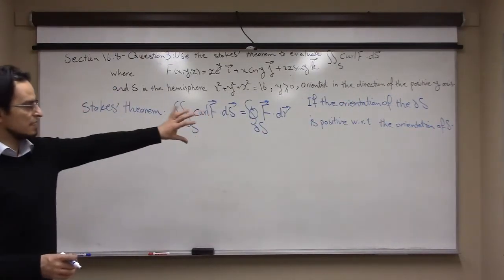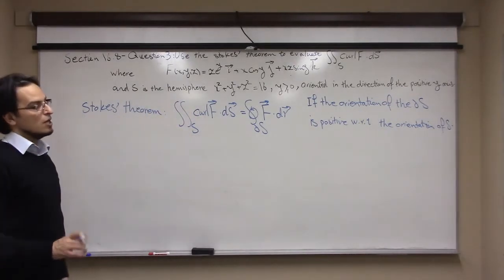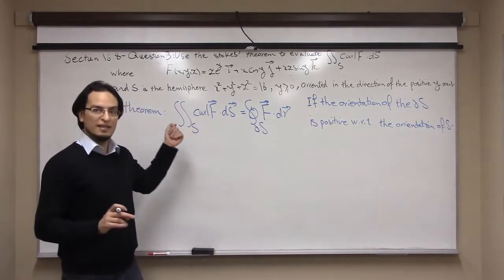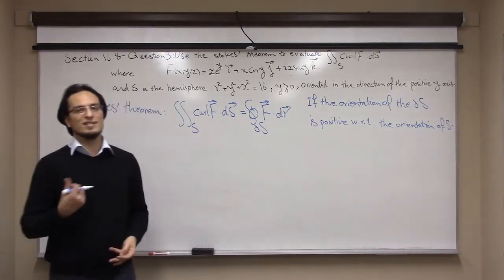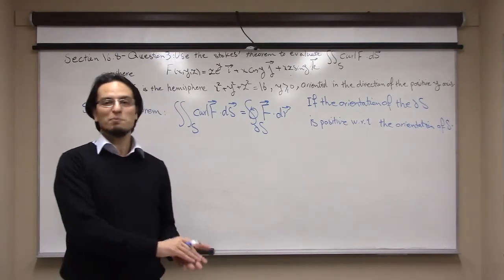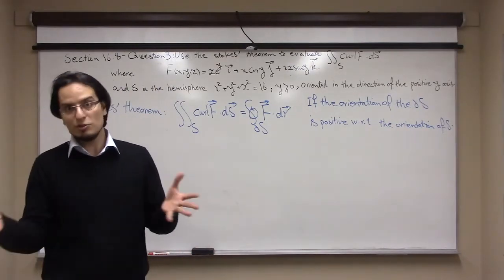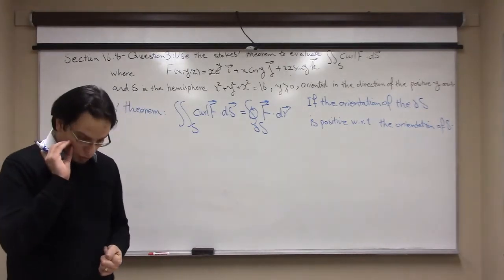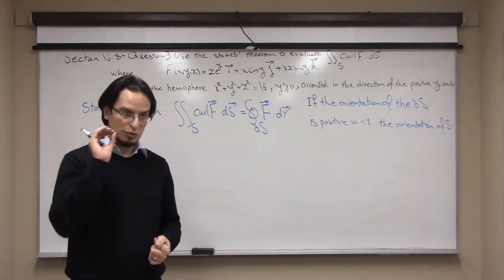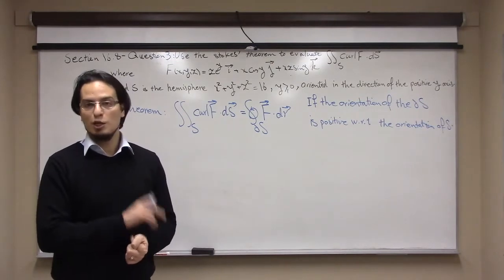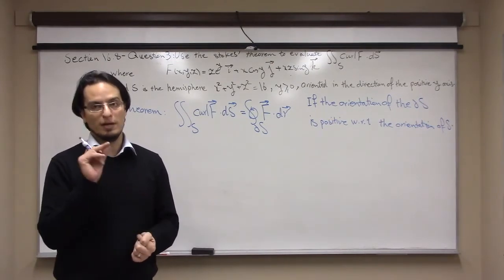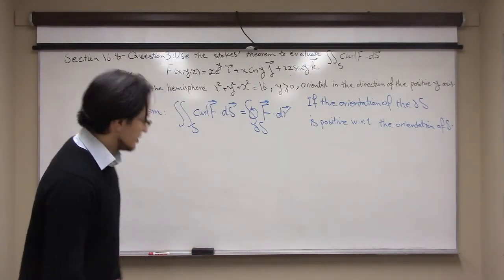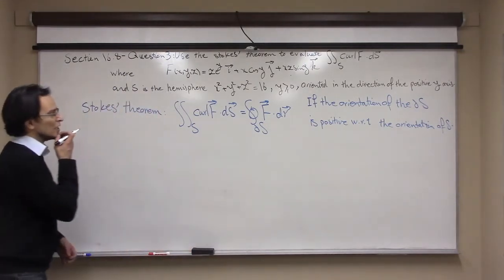I will discuss that in detail. Note that if you miss this point, you may get a number which is off by a minus sign. So if you were supposed to get positive, your result would be negative, or the other way around. If you don't choose the right orientation, your answer will be off by a negative sign. Okay, so that's the general fact, that's Stokes theorem, but what about this case?